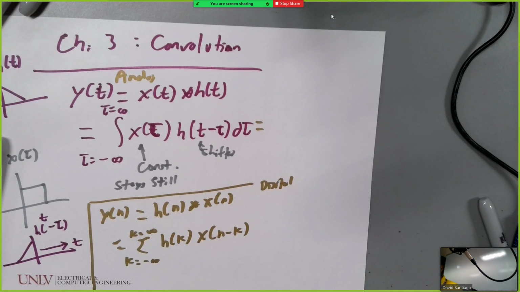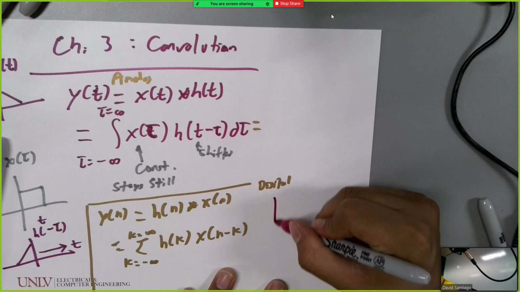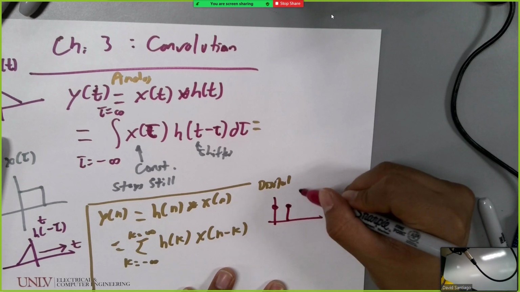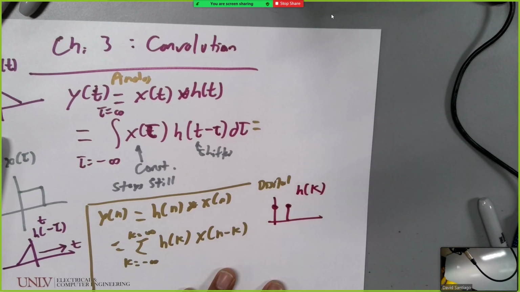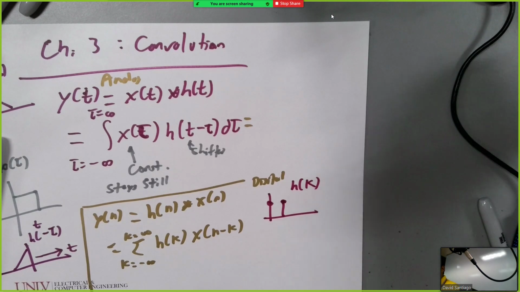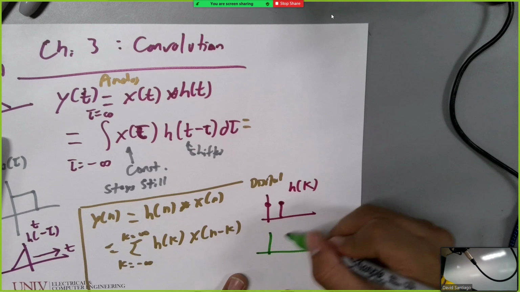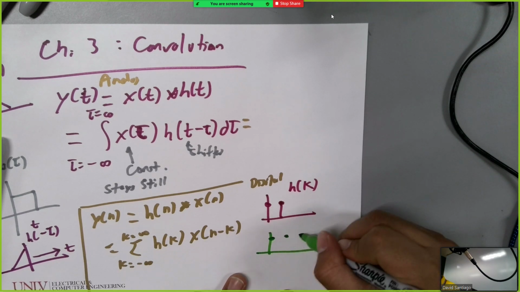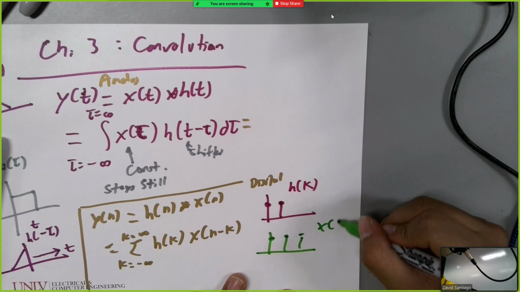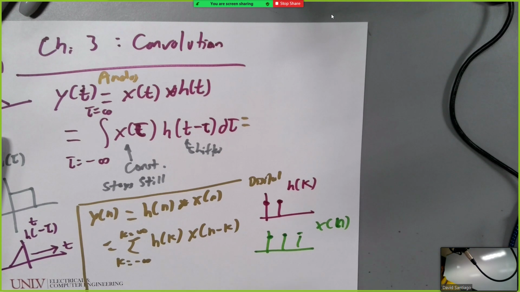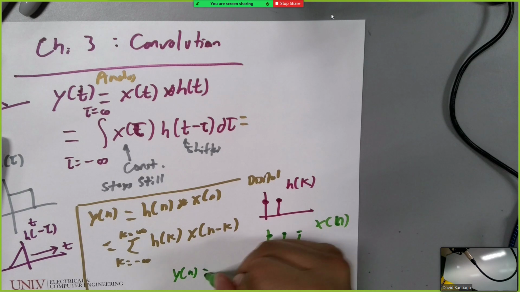Remember that cool trick? Look in one of my previous notes where let's say h is this, 1, 2. Where this is h of k, right? It just stuck there. Okay? And then if x of k was this, or let's say x of n is this, right? So if you wanted to solve for some y of n, remember that cool trick I did?